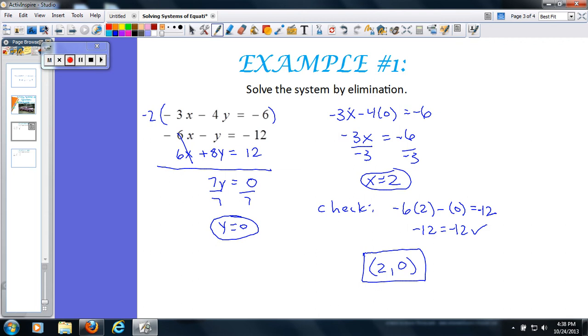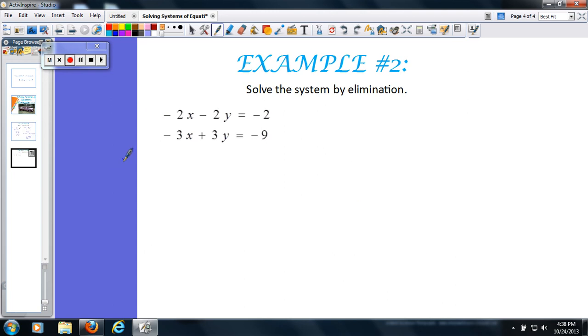Let's look at example number 2. In this one, I have negative 2, negative 3, negative 2, and 3. It's not going to matter which way I do this.